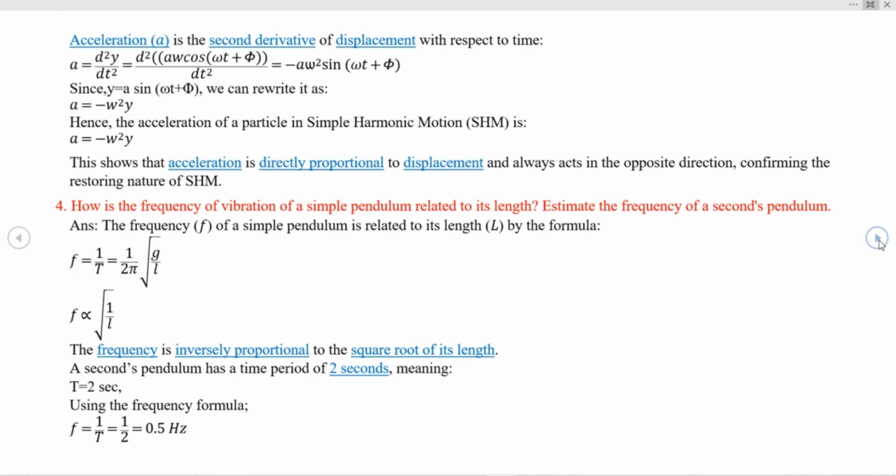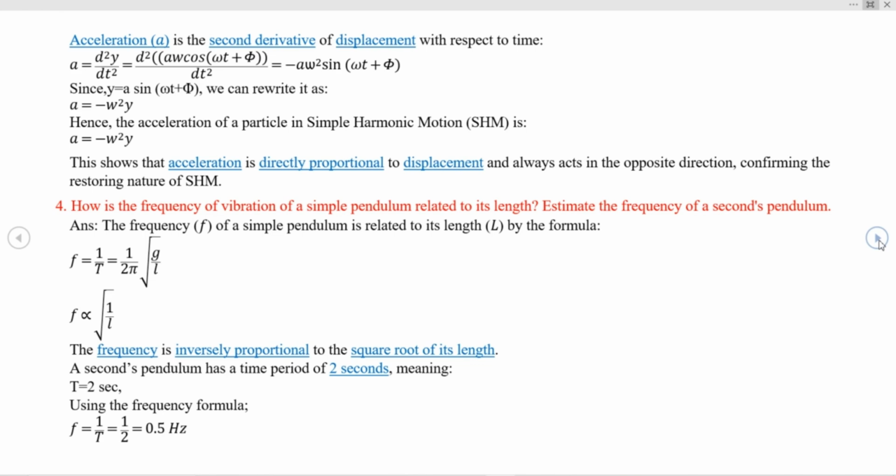And since we know that y equals a sine(omega t plus phi), we can rewrite the acceleration as a equals minus omega square y.